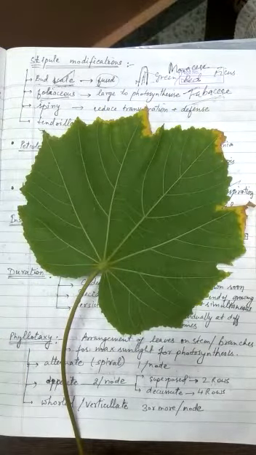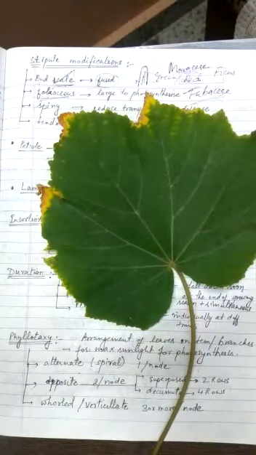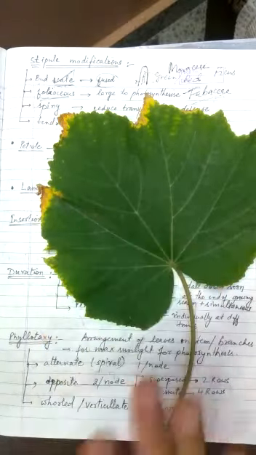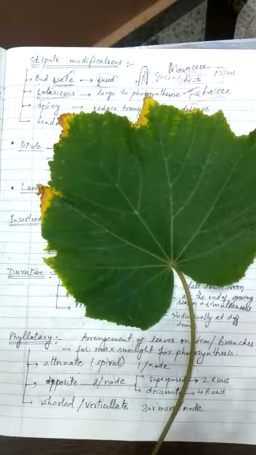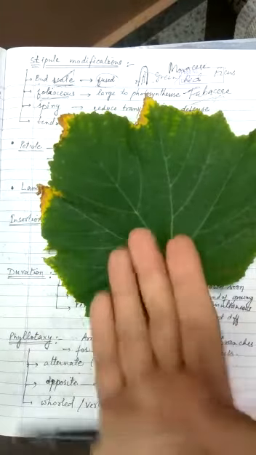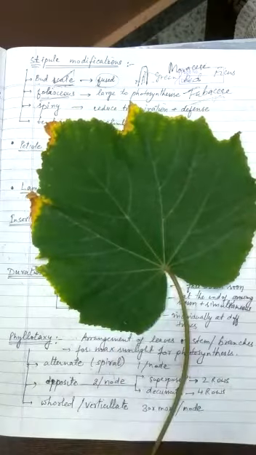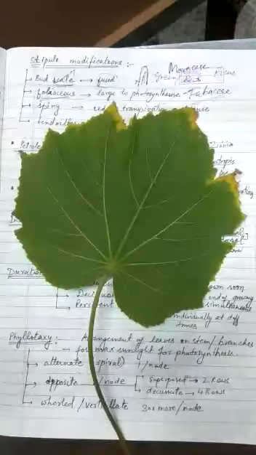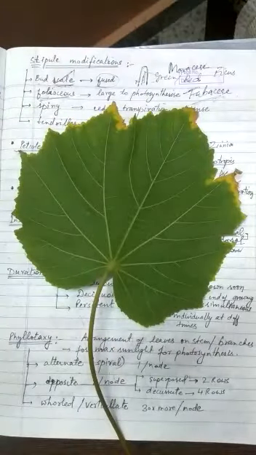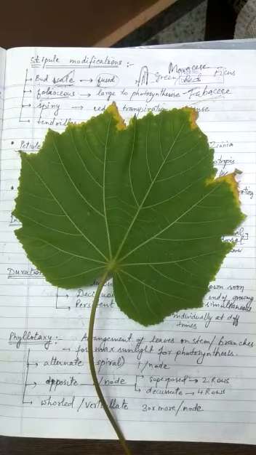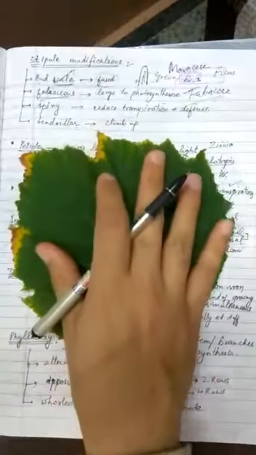The reasons are very obvious. Plants always expose this surface to the sun. Because this surface is exposed to the sun, this side should have maximum chlorophyll content. So the upper surface appears darker green in shade, and this is lighter because it is not the side exposed to the sunlight. Now stomata are present on this surface and not on this surface, or maybe minimum are present here and maximum are present here.